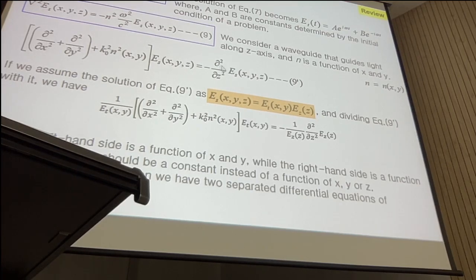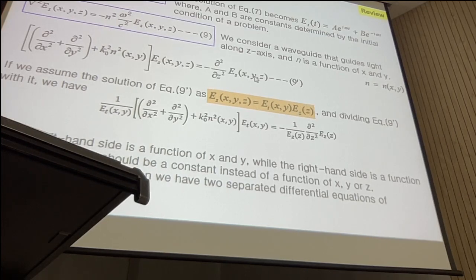We apply another separation of variables because the left side is only an operation with respect to position x and y, and the right side is the operation with respect to z. So we assume the spatial solution E of xyz is a transverse solution of xy times an axial solution Ez with respect to z.